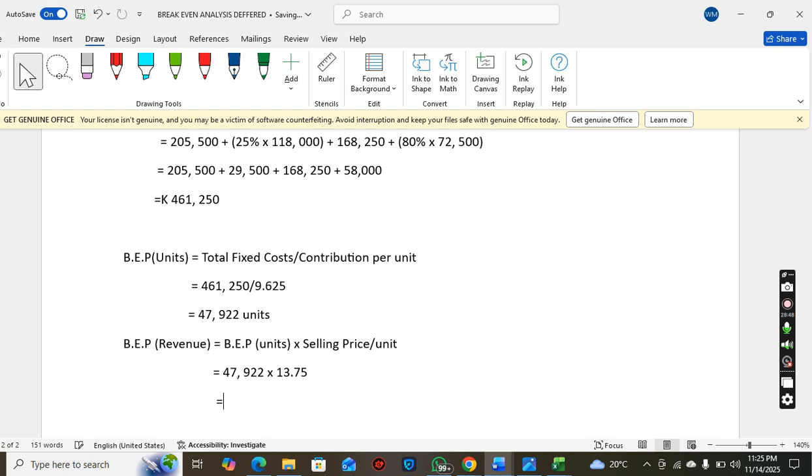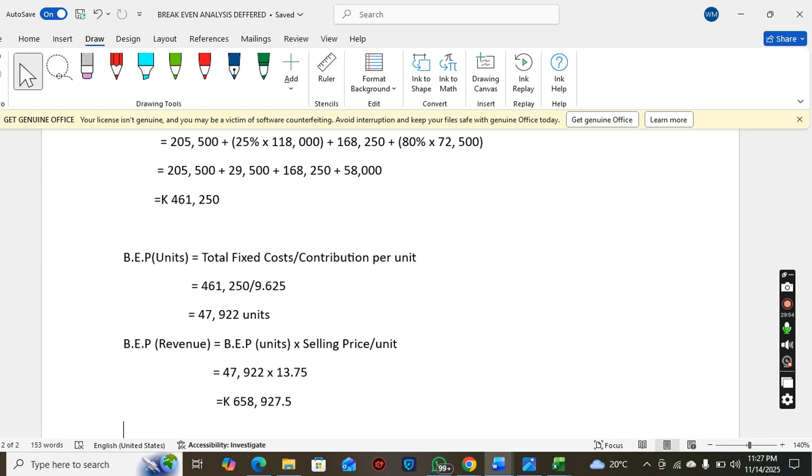So we're getting 658,927.5. This is the amount of money that is breaking even for this company.